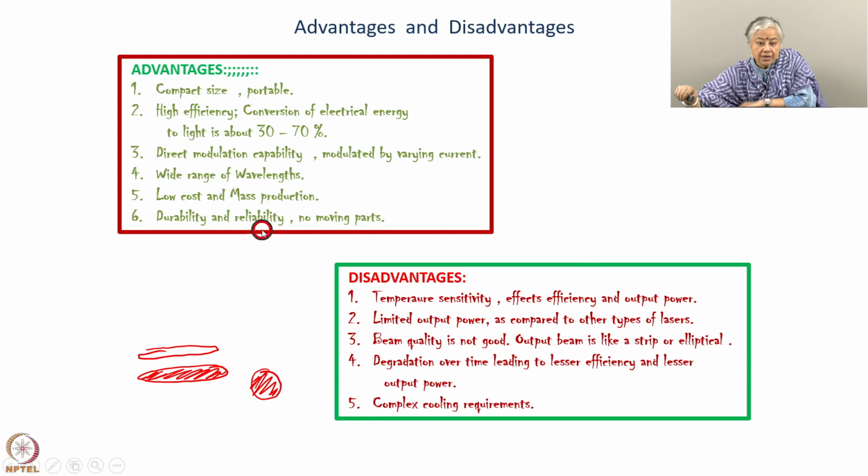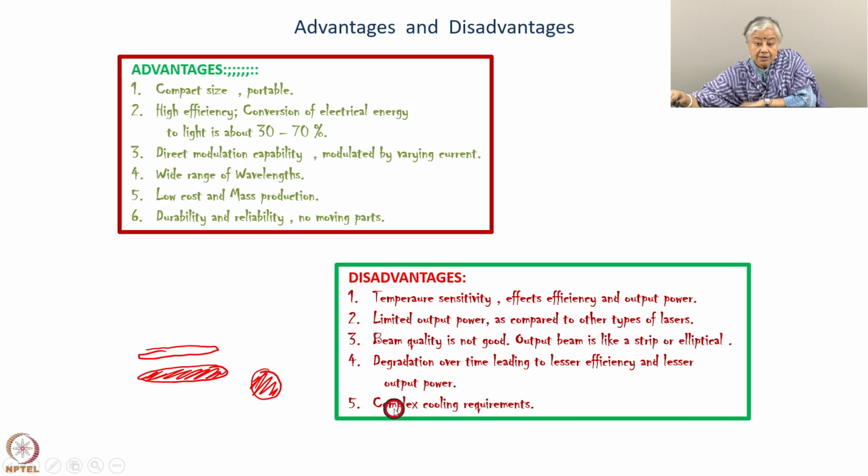Okay, it is a durable laser, but then there is degradation over time to lesser efficiency and lesser output power. This may be true about many lasers, most lasers, but in this case perhaps again it is mass produced. So, in this case maybe the degradation and lesser efficiency is faster.